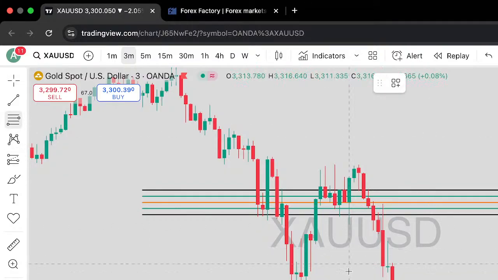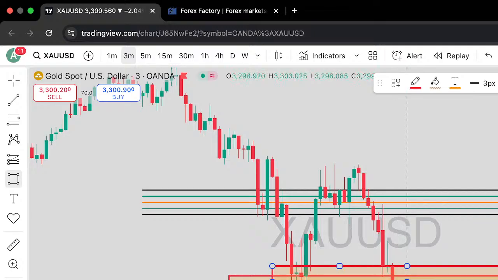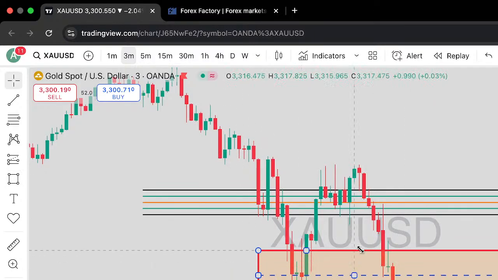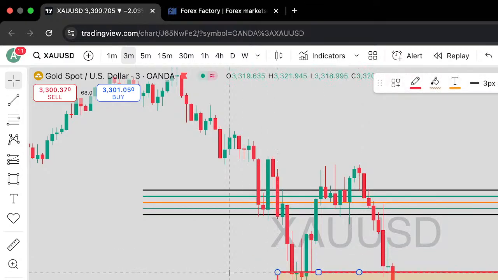This is an area of sensitivity, so let's make this small box.